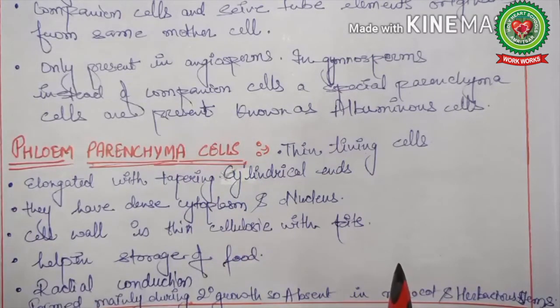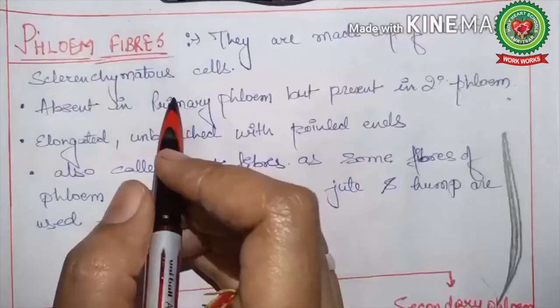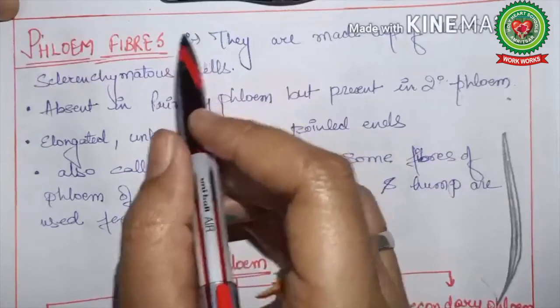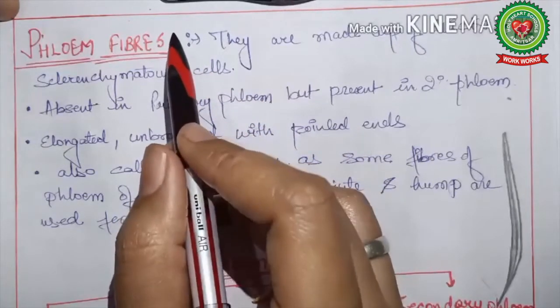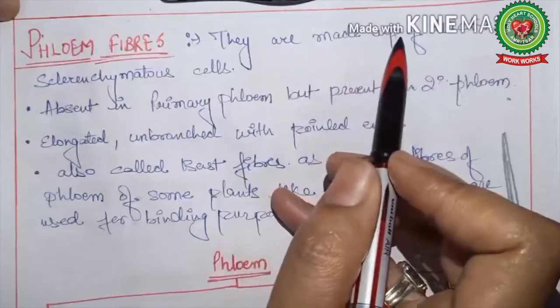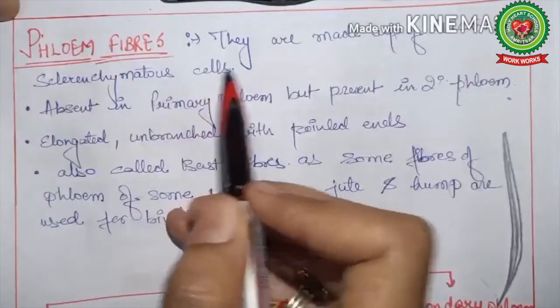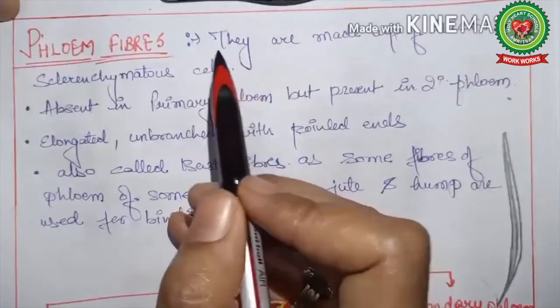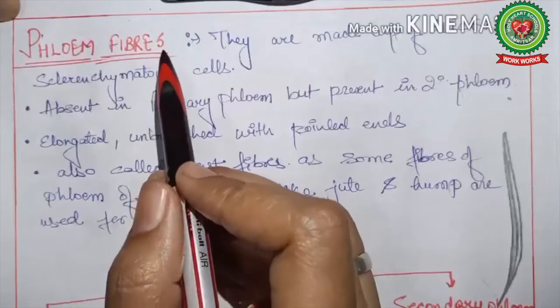Now the last component of phloem is phloem fiber. These phloem fibers are actually representing the dead elements of phloem. They are made up of thick sclerenchymatous cells. As the cell walls are having lignin deposition, that is the reason these cells are dead.